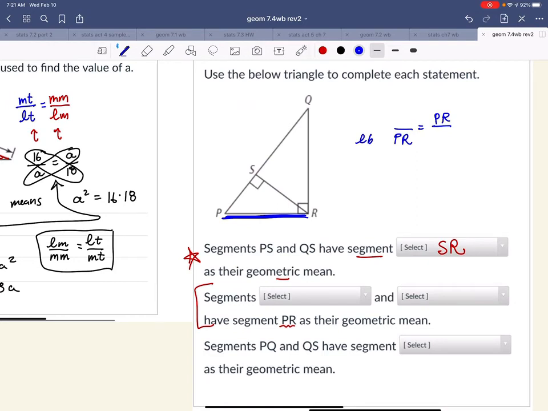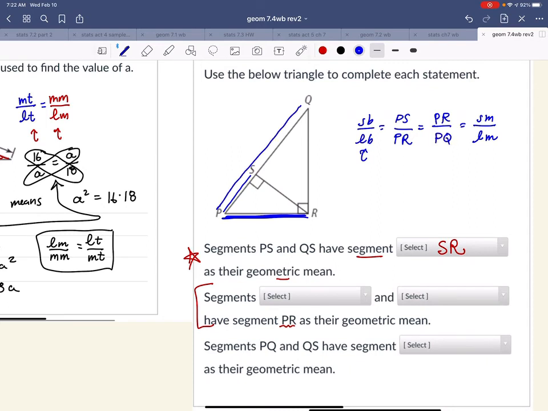And so if I do that, I believe that it is the short side of the baby, PS or SP. And then how would I grab the same relationship with the mom? So if I look at the mom, PR is the short side of the mom, and now I need to be consistent, so I have to grab the long side of the mom. So the long side of the mom would be PQ.